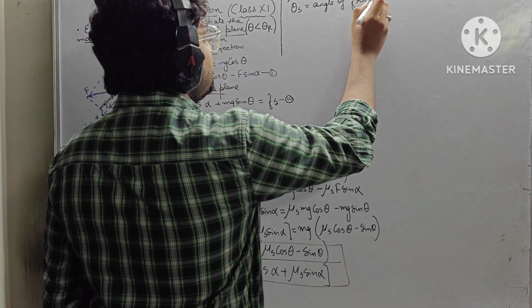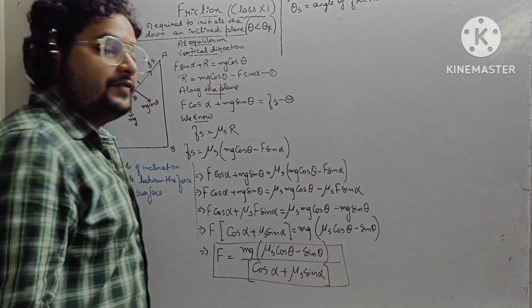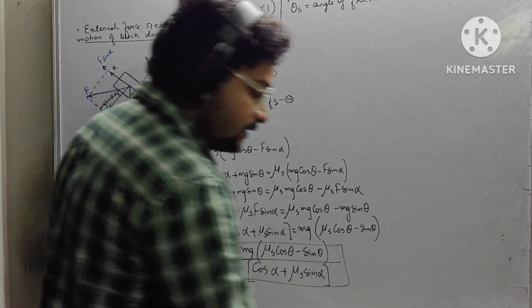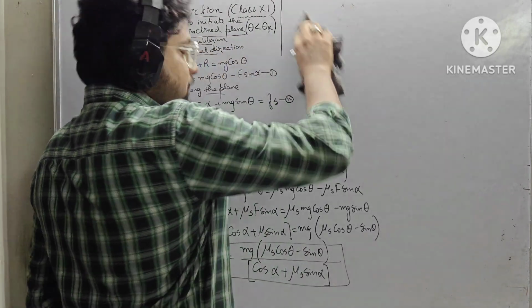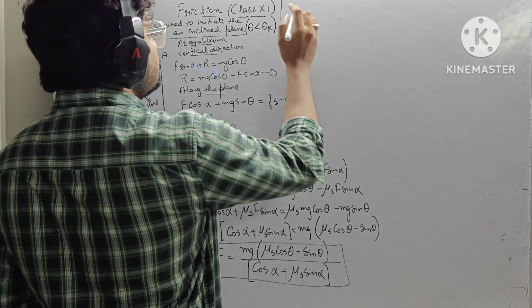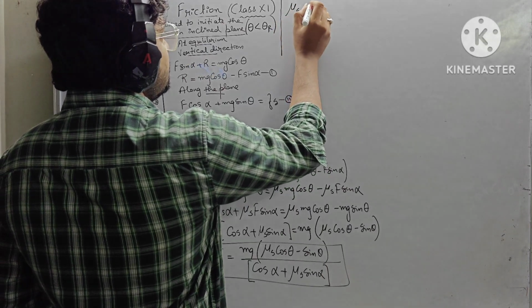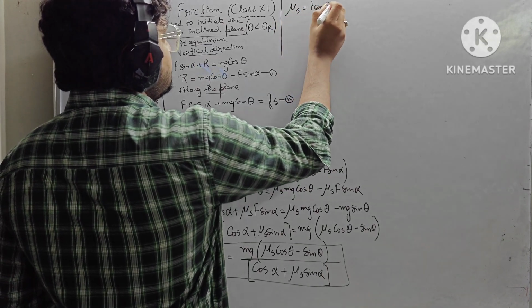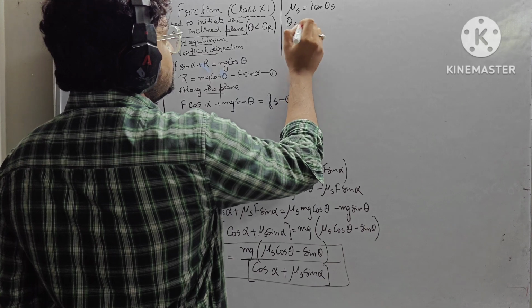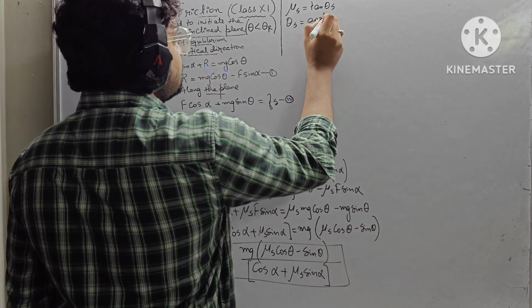Now what is angle of friction? Those who do not know what is angle of friction, I will write it down. So mu s is equal to tan theta s, where theta s is the angle of friction.